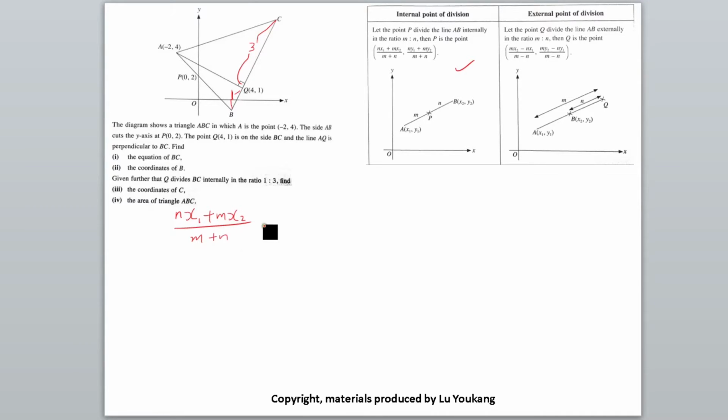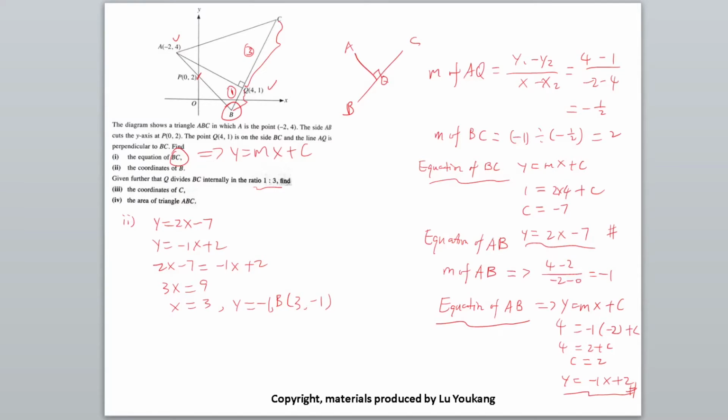Let me copy down the formula first. Then what you need to do later is just sub the values into this formula. It's quite a mechanical process. You don't have to think much, just put the numbers into this equation. Our M is equal to 1, our N is 3. Therefore, you see that the denominator is 3 plus 1.